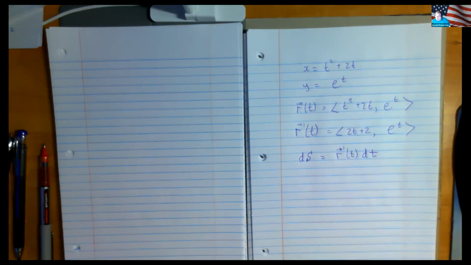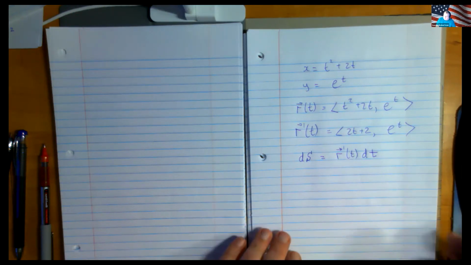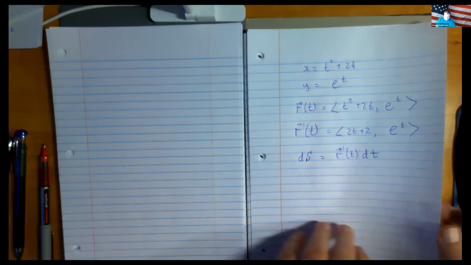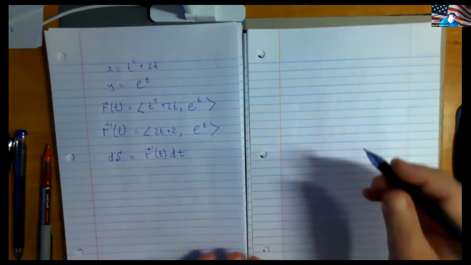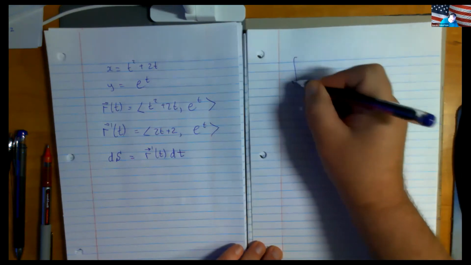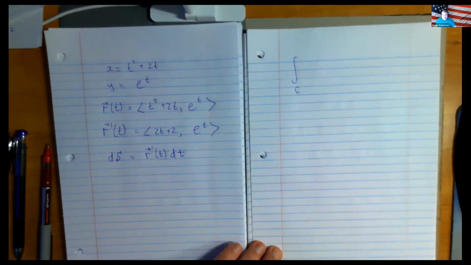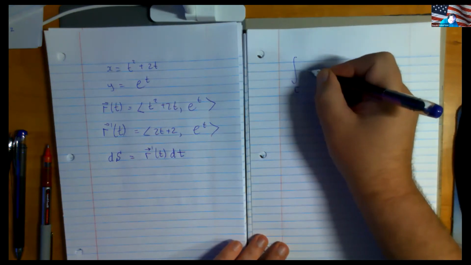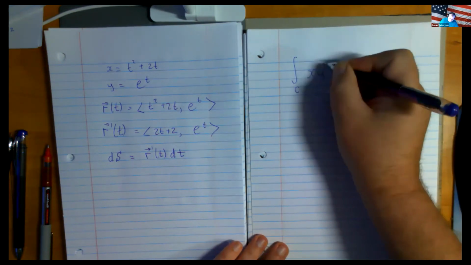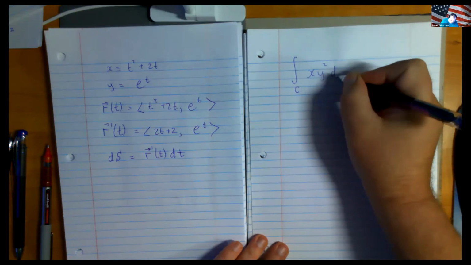We've now got all the pieces that we need that we're going to put together to get a line integral. So let's suppose I want to find the line integral over a curve C of xy squared ds.